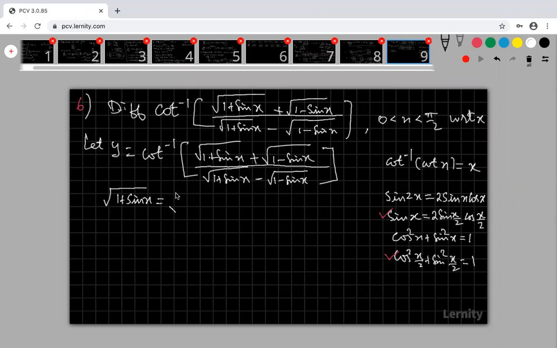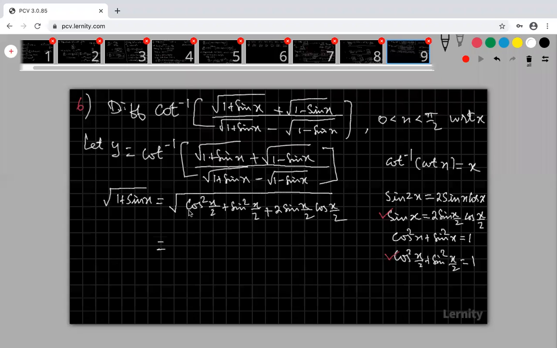So therefore, my root over 1 can be written as cos square x by 2 plus sin square x by 2 plus 2 sin x by 2 cos x by 2. This is sin x written as 2 sin x by 2 cos x by 2.